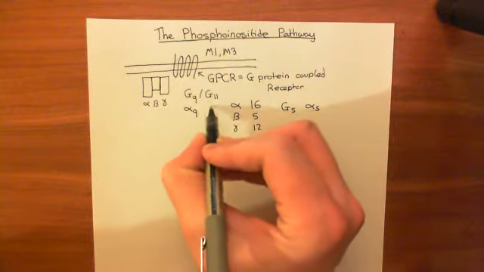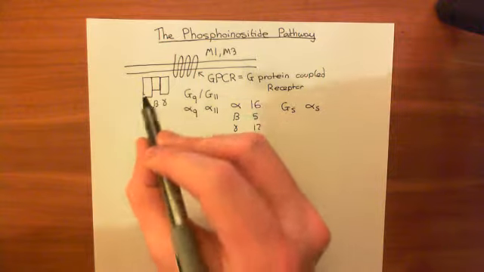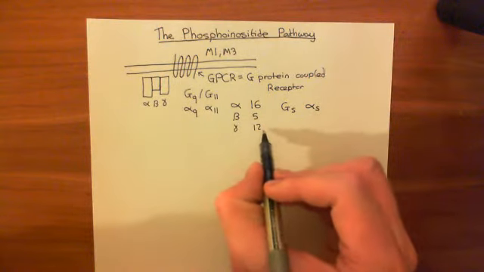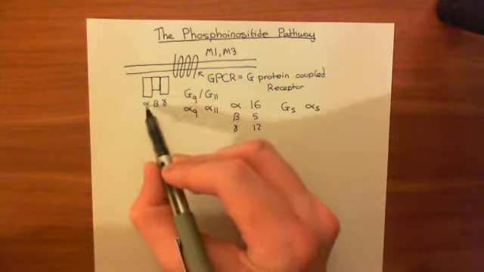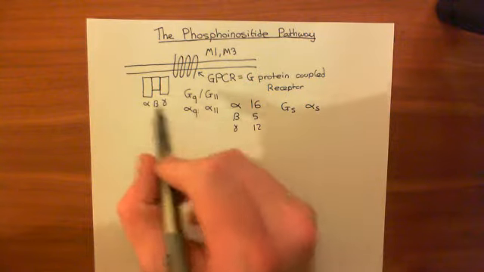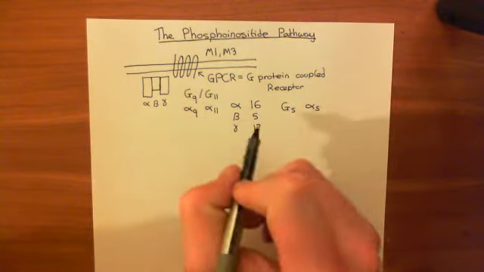If you are a G11 G-protein, it means that your alpha subunit is the alpha 11 subunit. And we do not care which of the 5 beta subunits or which of the 12 gamma subunits you use. If you are a Gq protein, your alpha subunit is alpha q, and the beta and gamma can be whatever you like. If you're a G11 protein, your alpha subunit is alpha 11, and your beta gamma subunits can be whatever you like.